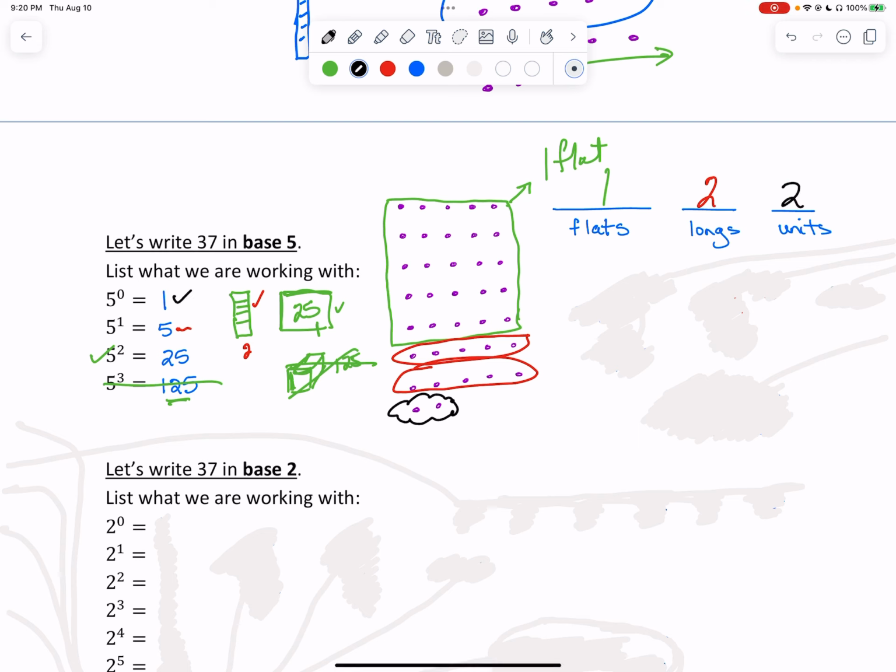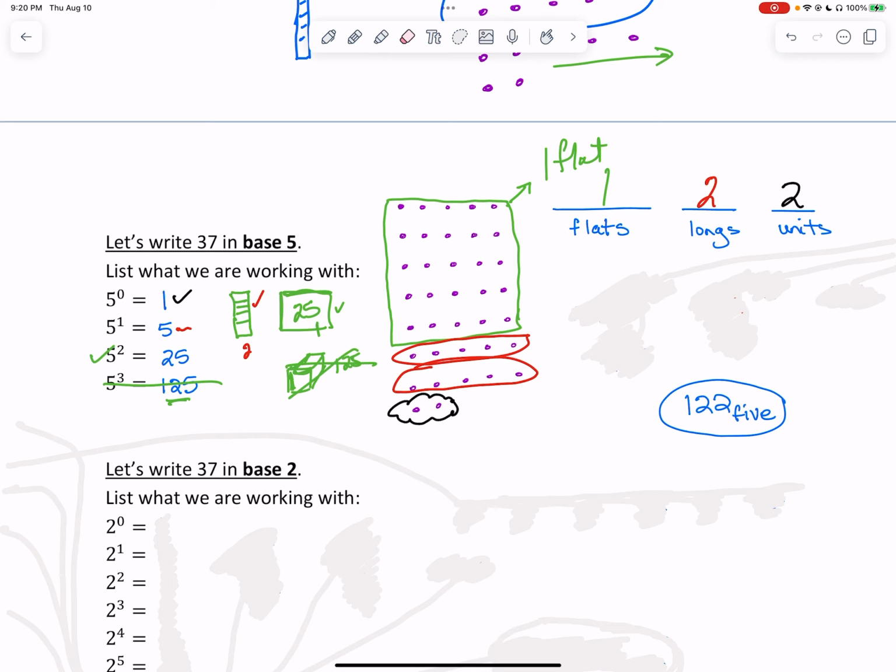Okay. So my answer, let's see if I've got it right here. Yep, 122 base 5. That's the way you write it: 122 and then a little bitty 5 underneath.